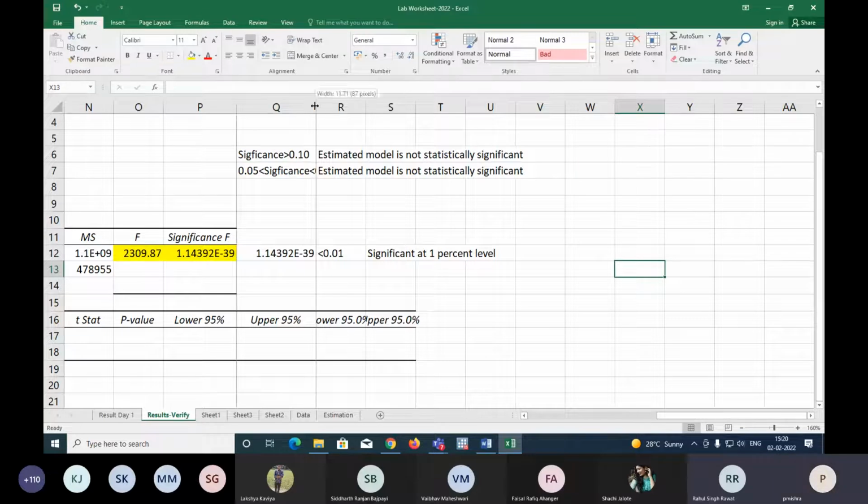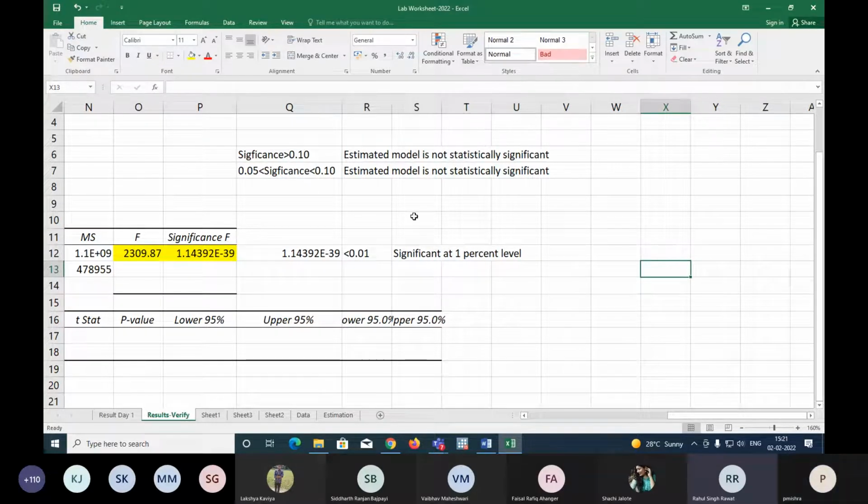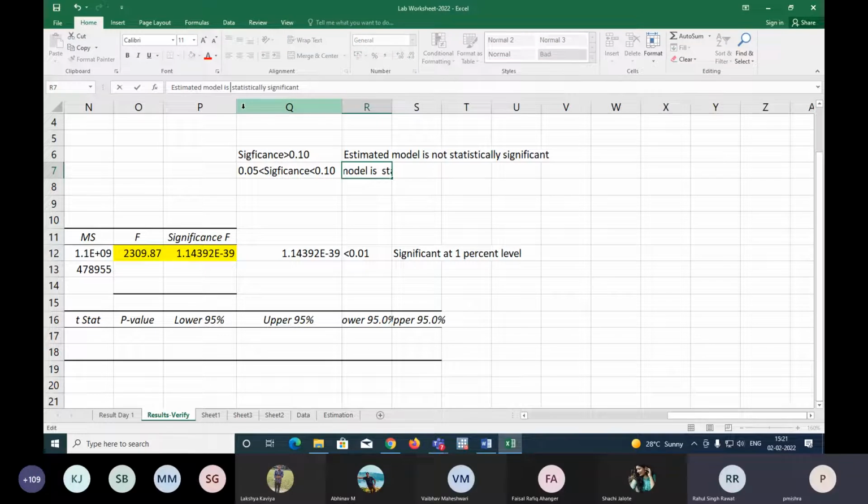Can you tell me what I should say in this case? Significant at 10% level. Exactly. So the estimated model is statistically significant at 10%.